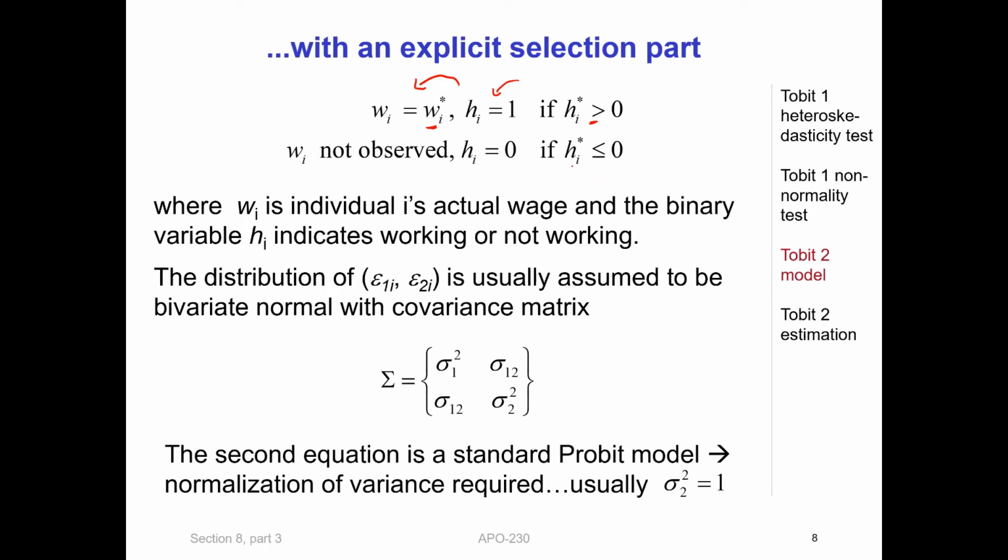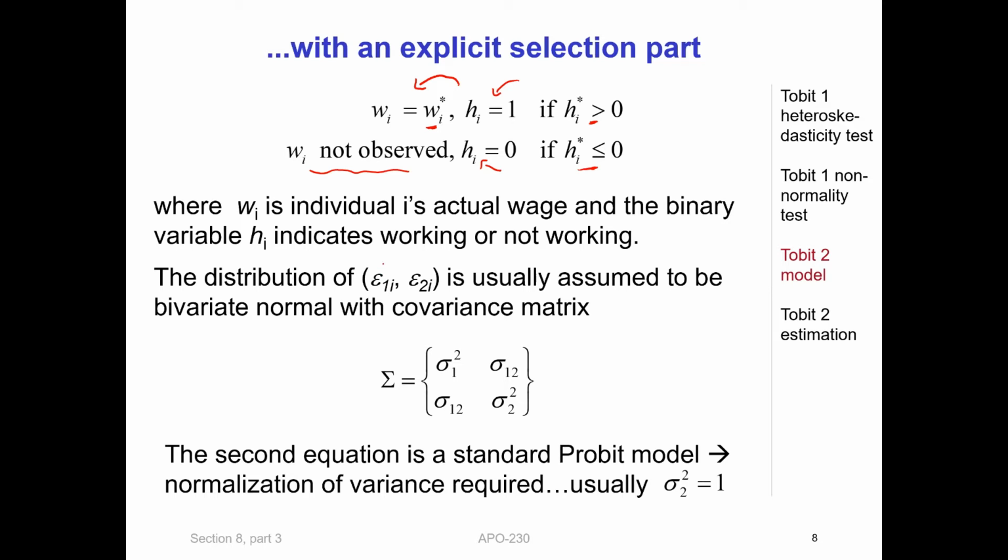On the other hand, if hi star equals 0 or negative, then you don't observe wage. Therefore, you know that hi equals 0 and the wage is not observed at all, right? So that is the idea.